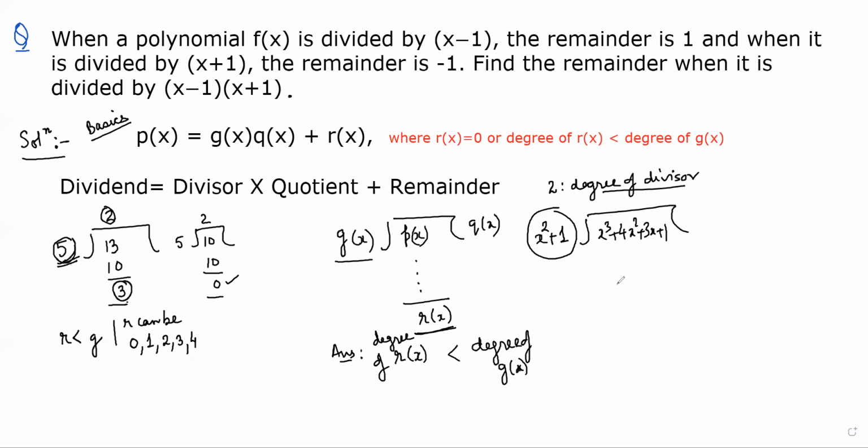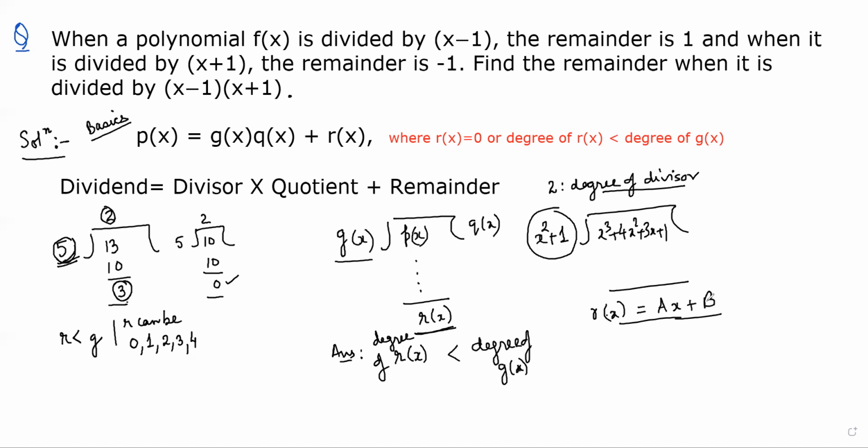Without hesitation, we can say the remainder should be of degree less than 2. So what is less than 2? Answer is 1, or it can even be degree 0. It can be a constant. So the remainder should be of the form ax plus b.